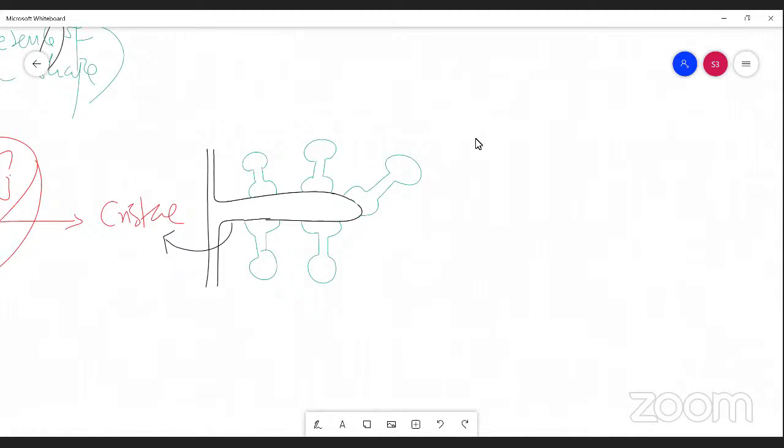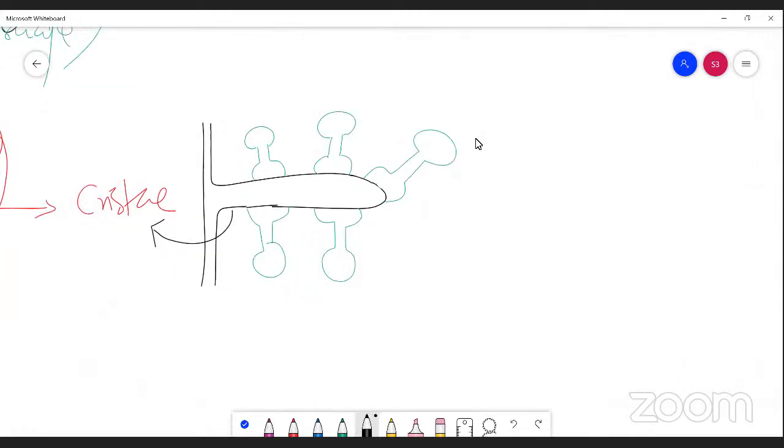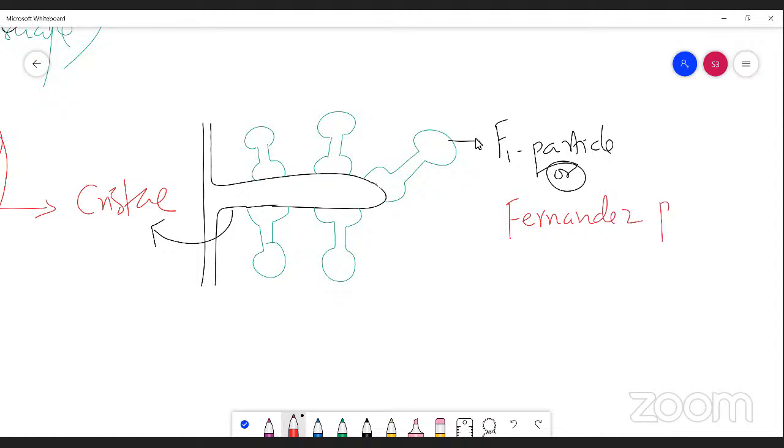It is simply called an F1 particle, or it is also known as Fernandez particle, or it is also known as elementary particle.